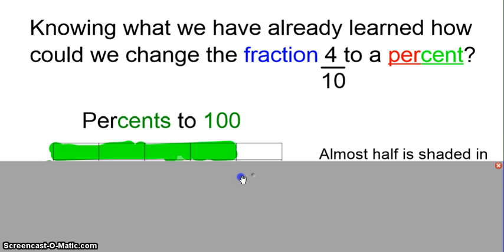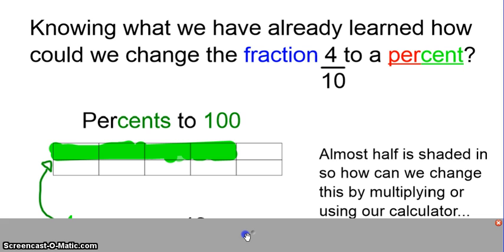Now that you've looked at it, I have this drawing here that, if you look, I have 10 squares total. It's a 5 by 2. And I have 4 of the squares shaded in, which is almost half. So how can we change this by multiplying, or we can also use our calculator?